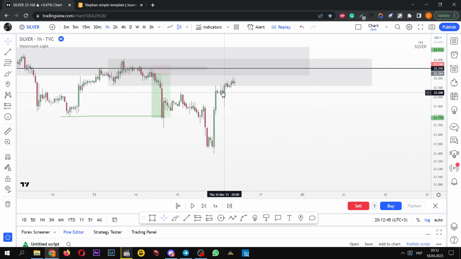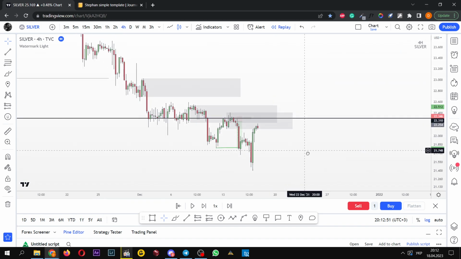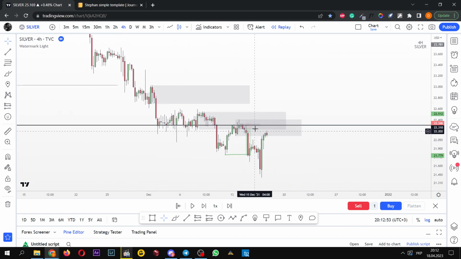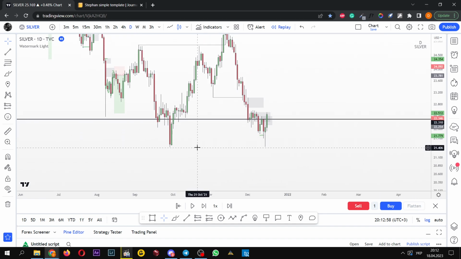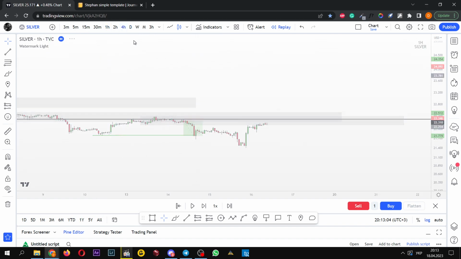And now at this point we are starting to move up again. I'm keeping in mind that we are pretty overextended right now, especially after these breaks. We didn't hit our target yet from the higher time frames, so we still can move even lower.